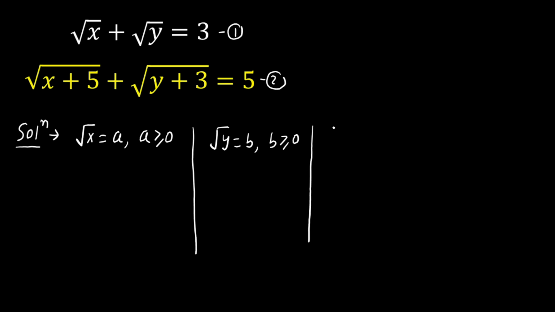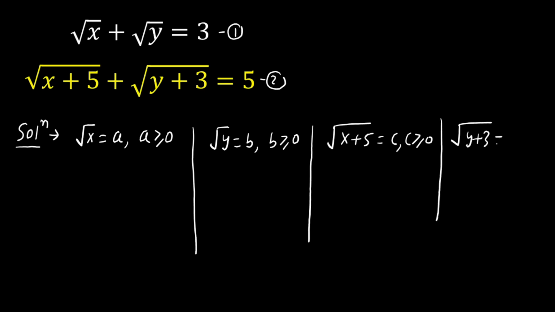Now substitute square root of x plus 5 equals c, where c is greater than or equal to 0, and square root of y plus 3 equals d, where d is greater than or equal to 0.